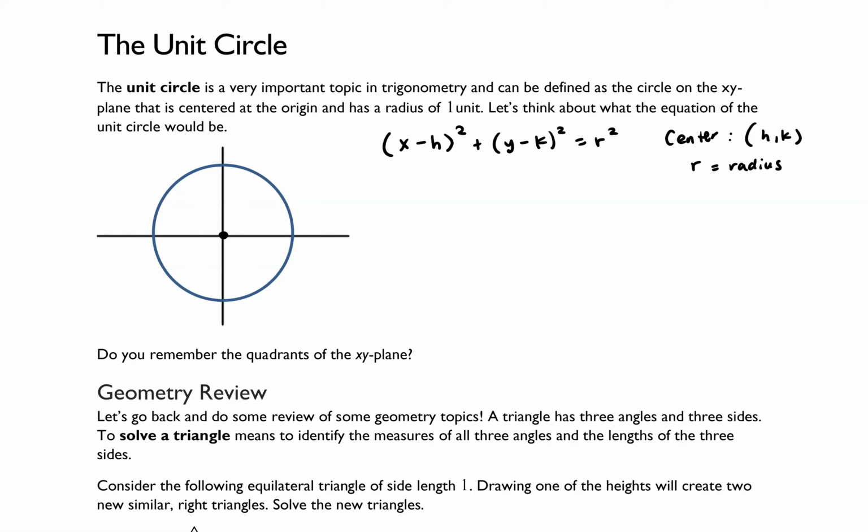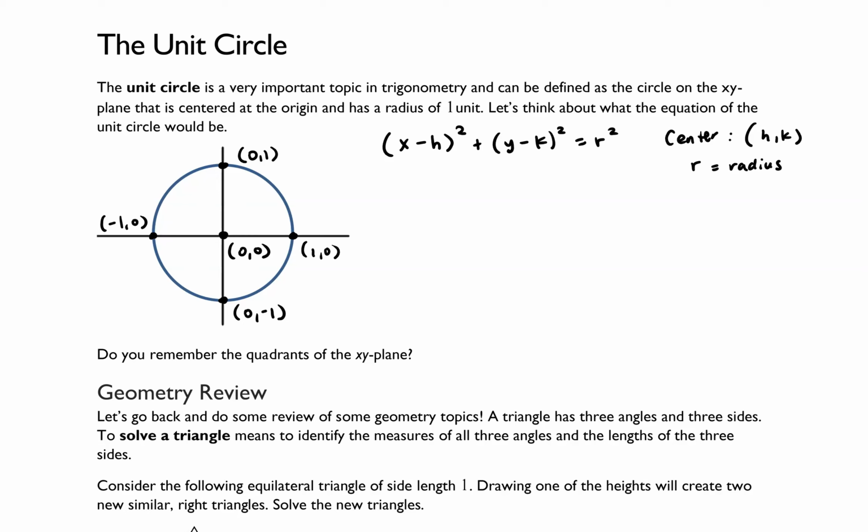So here, this is the ordered pair (0, 0), and we know that it is a circle of radius 1, which would mean, for example, that this point here is (0, 1), this point here is (1, 0), this point here would be (0, negative 1), and this point here would be (negative 1, 0).